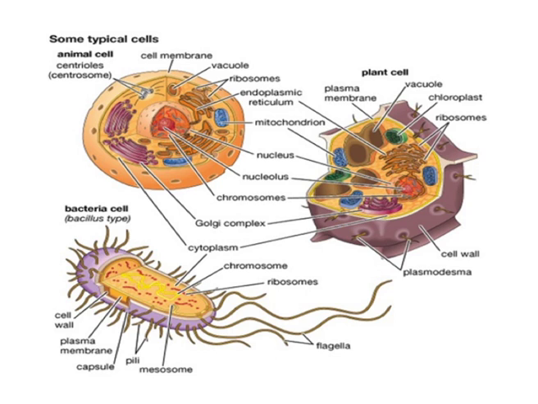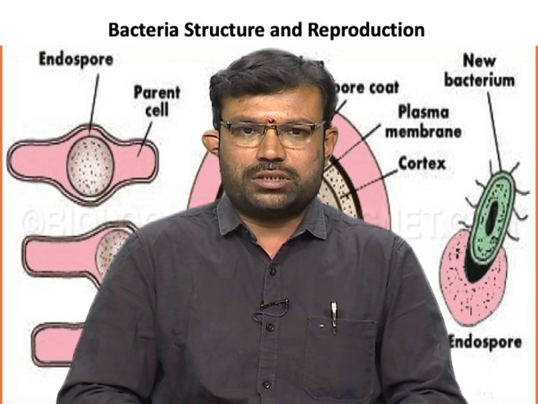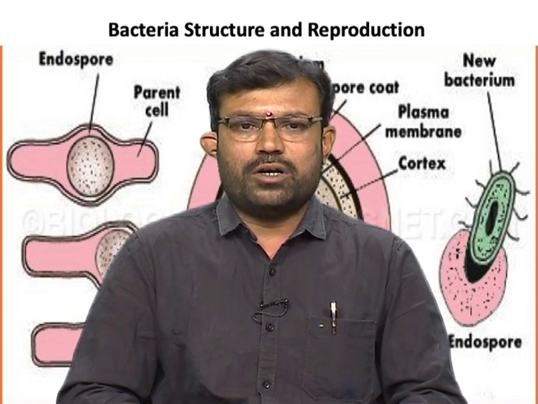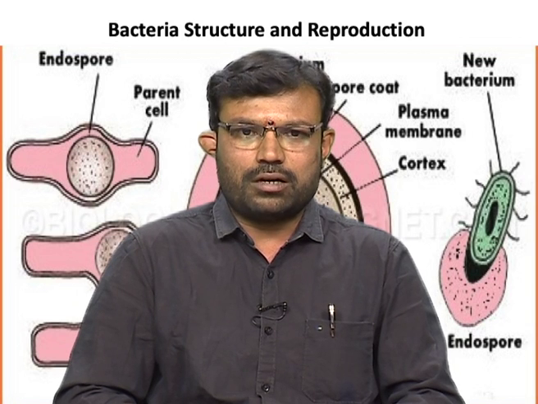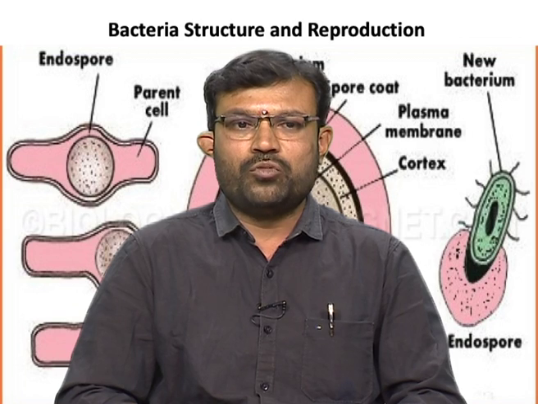Bacterial members are unicellular microscopic organisms. Before the invention of the microscope, we did not know about bacteria. Bacteria were first discovered by the scientist Antony van Leeuwenhoek, who named them animalcules because of their dazzling movement.